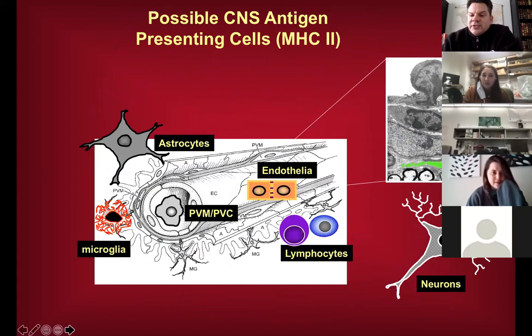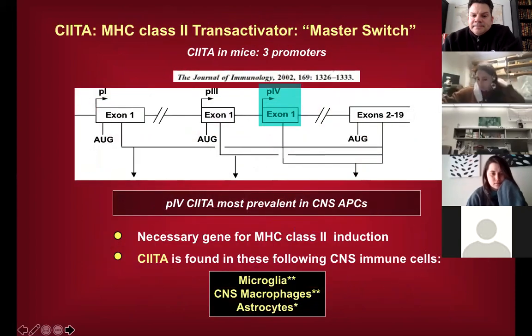So what cells can present antigen on MHC2 in the CNS that we care about for neuroimmunology? There's another important thing about antigen processing: you need the MHC2 transactivator, what's called a master switch. Just because you might have the RNA for some of these genes, MHC or maybe some of the cofactors, if you don't have this transactivator, C2TA, you cannot be an antigen presenting cell.